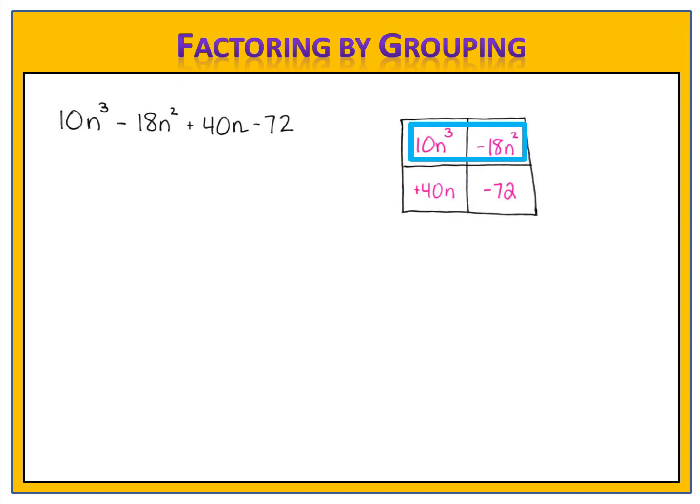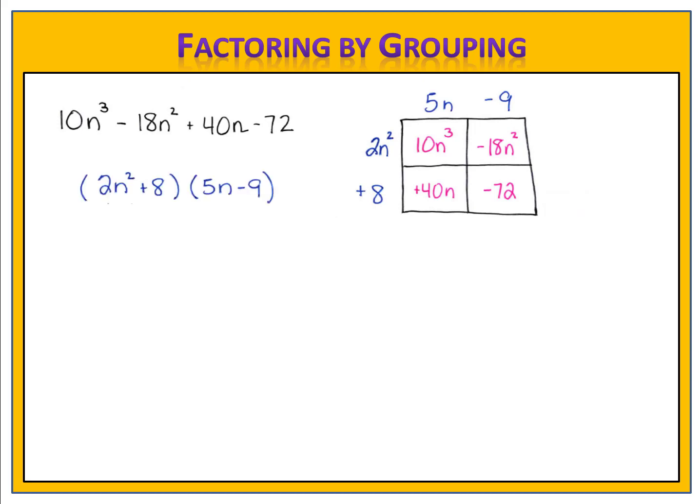We look for the greatest common factor across the top row, 2n to the second, and now we use multiplication to fill in the terms around the grid. We check the last terms, minus 9 times positive 8, to make sure it equals what we have in the last box, negative 72.